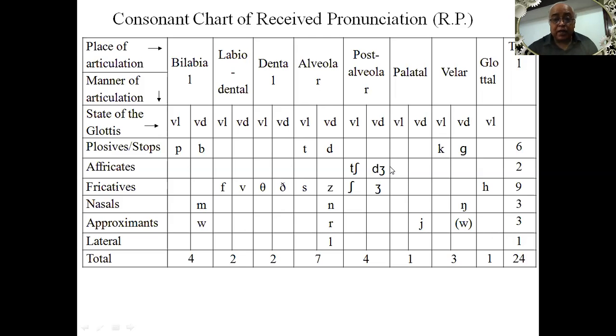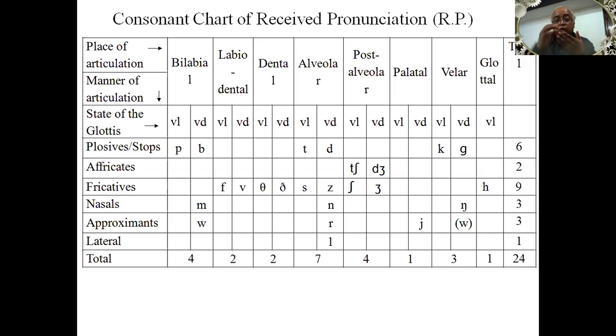And then we have another sound, j. This looks like a D, and this looks like almost a capital Z. So this is again one symbol. These are not two symbols. One symbol, j, as in jaw. The state of the glottis is voiced, for the same reason: the path is narrow for the air to flow through the glottis.